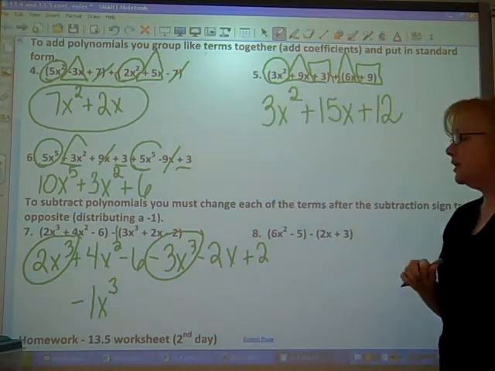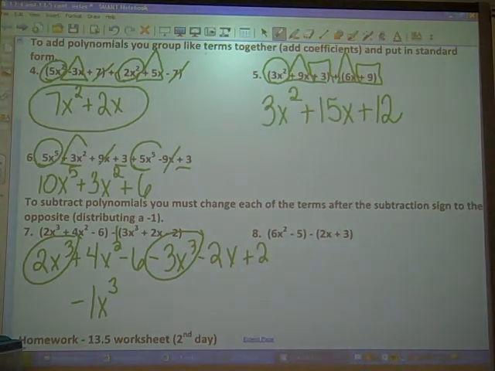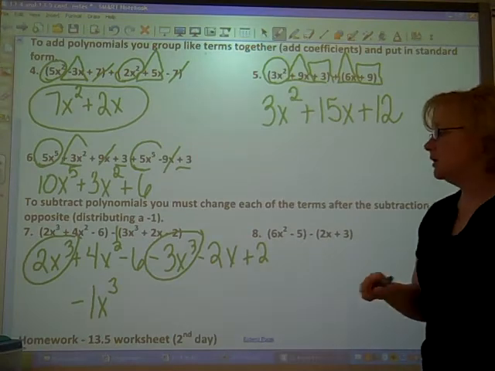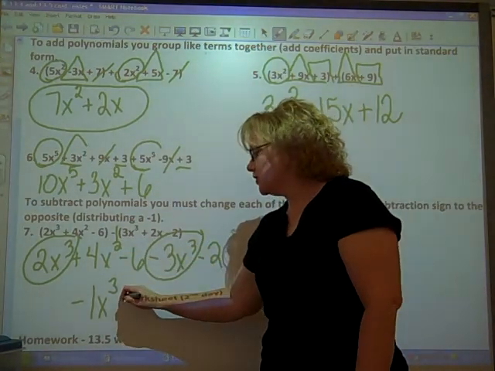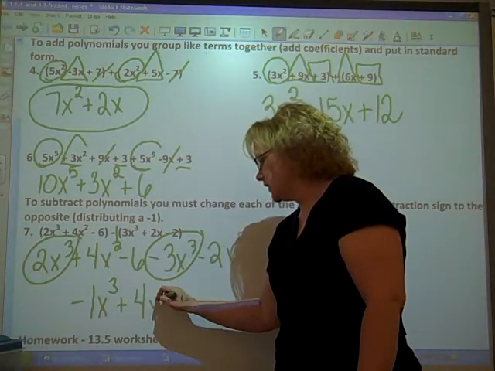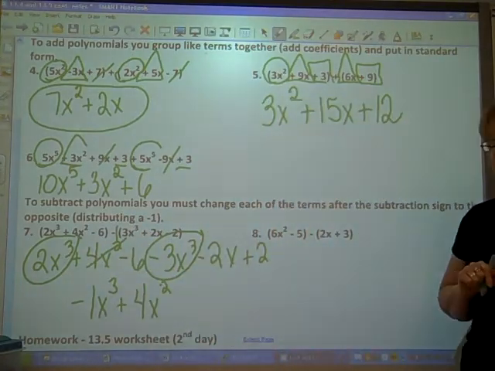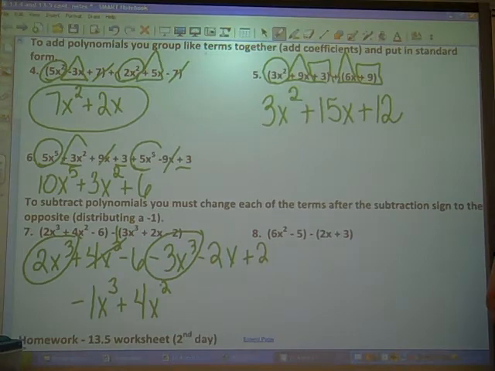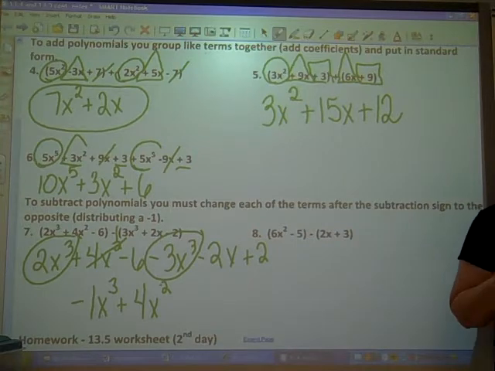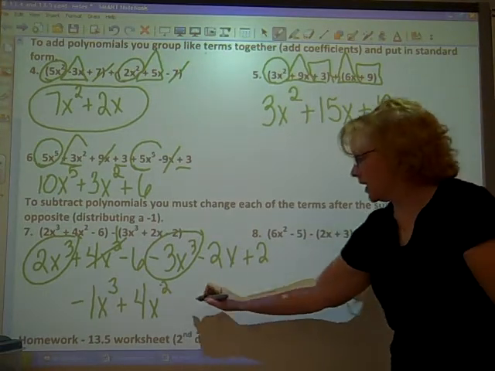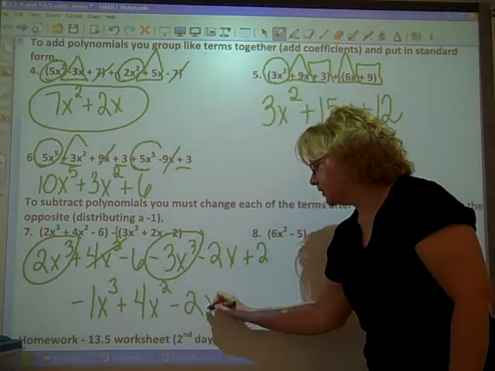Okay. Now what's the next thing that I am going to put here, Bailey? Drop down the 4x squared. Okay, so plus 4x squared. Okay. Then what's going to come next after that? Okay, so minus the 2x.